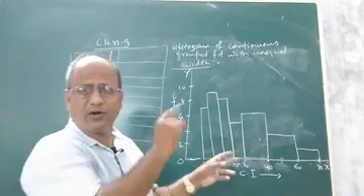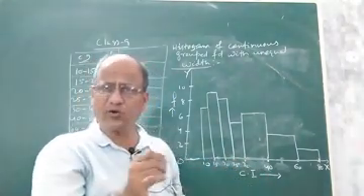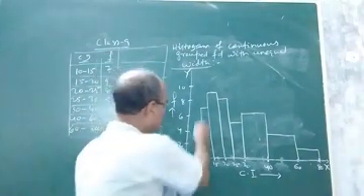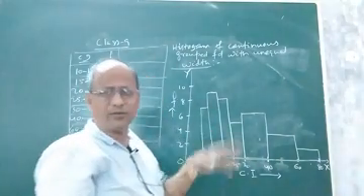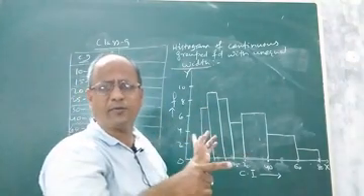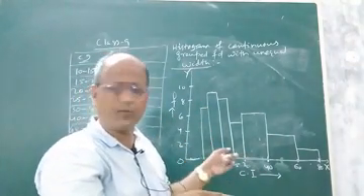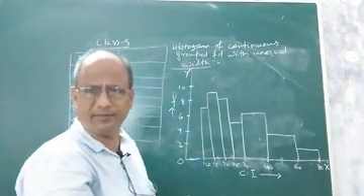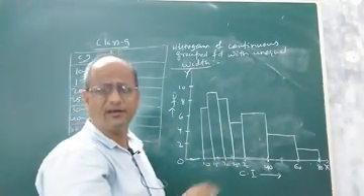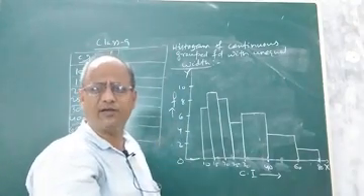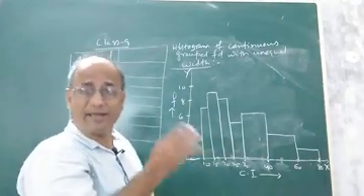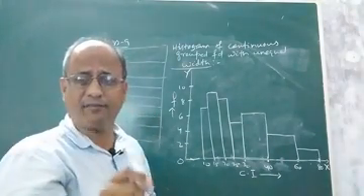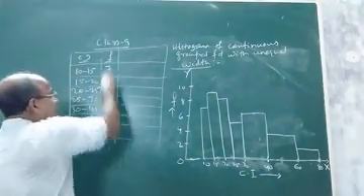As I told you in the previous class, in a histogram we draw bars or rectangles in which the length of the bar will be proportional to the corresponding frequencies, and the width or base is equal to the class size. But when the classes are continuous but the width is not the same, we have to adjust the frequency of each class.